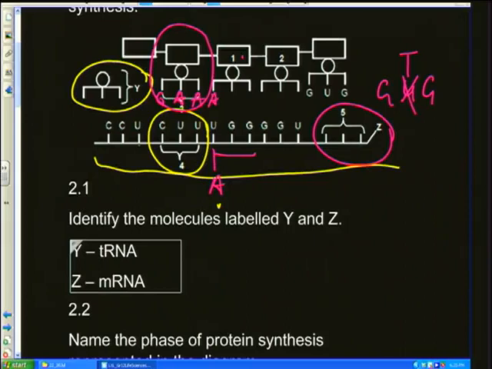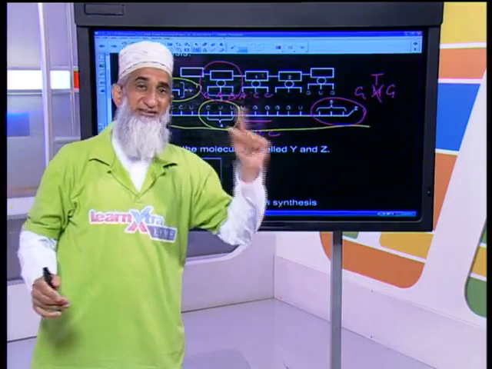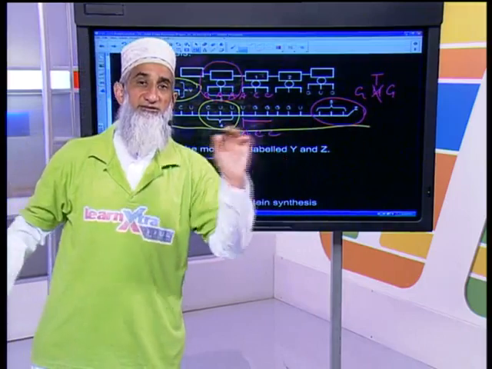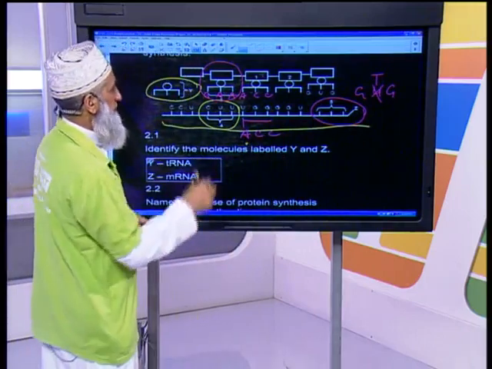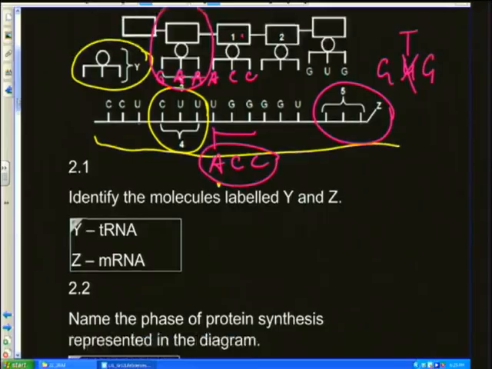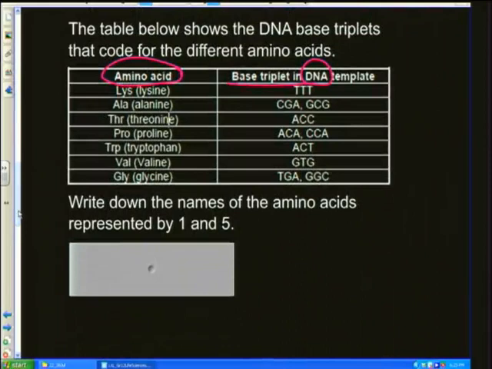And if that's G, that would have been C, this is also C. If that's G, that's C, this is also C. So your messenger RNA is the opposite of both DNA and transfer RNA. The difference between the DNA and the transfer RNA is the letter U and the letter T. That's what you need to keep in your mind. So we are looking for ACC and GTG. ACC, there we go. ACC, that's one there.